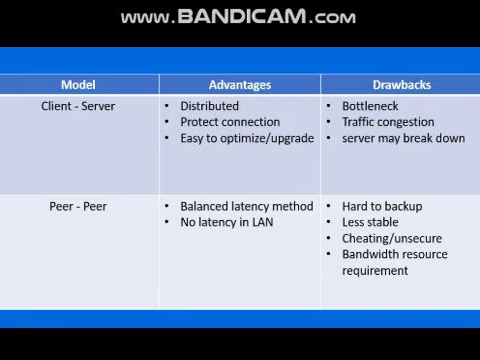When the real-time game is set up based on a local area network, there is no more internet delay. By using peer-to-peer, there will be a very fluent gaming experience. The peer-to-peer model also provides a latency balancing method so that every player could experience a similar delay during gaming.